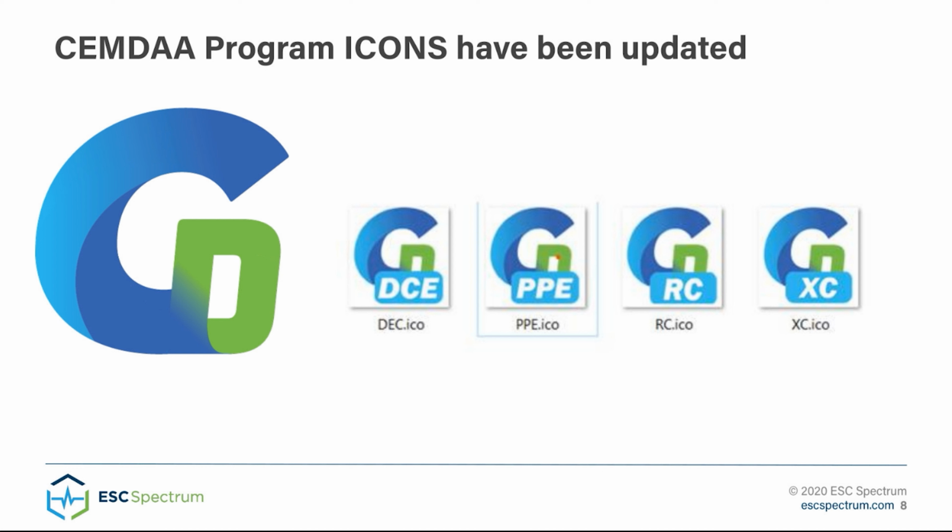Now you'll note CEMDAS is noted by the C with the smaller d within the window, and the other components are noted by smaller blue background white letters for the DCE, the PPE, the recalc, and the exchange. Next slide, please.